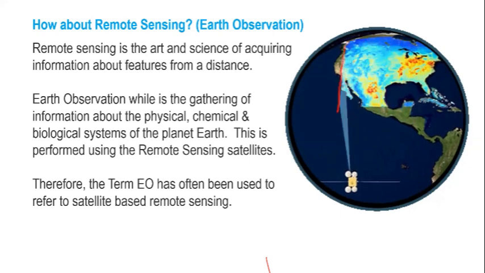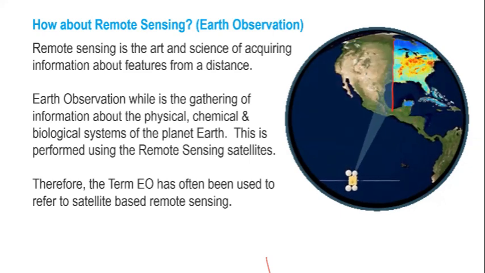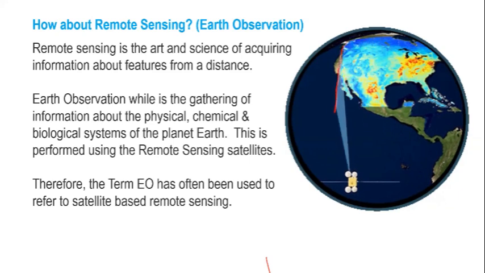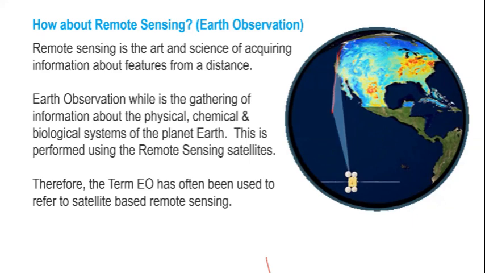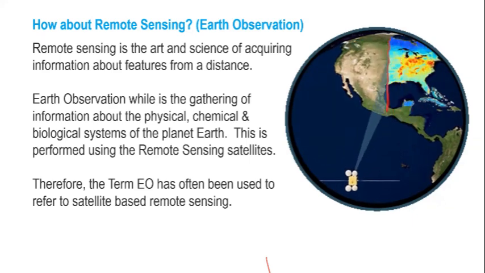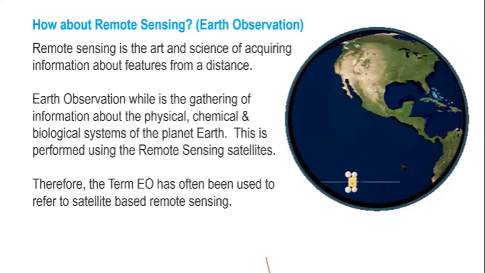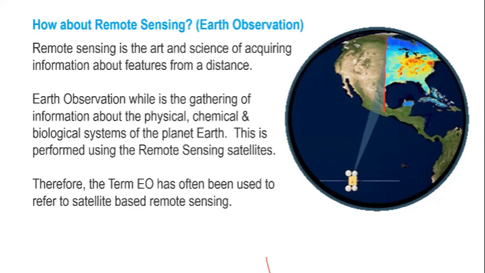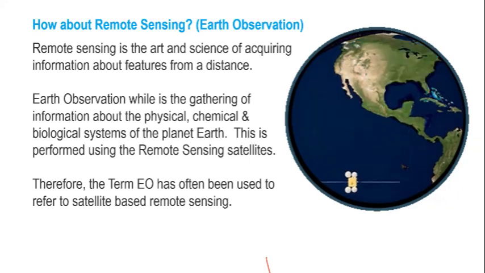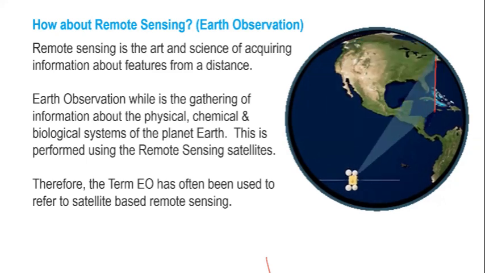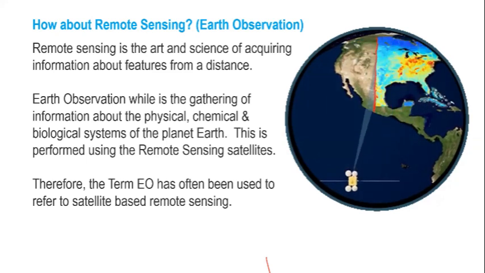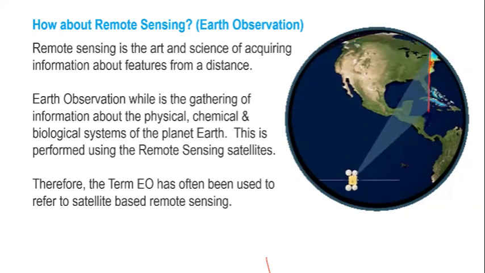However, there is also the concept of Earth observation. So what is the difference between Earth observation and remote sensing? Of course, Earth observation is more detailed. It's more of collecting information about the physical, chemical, and biological systems of the planet Earth. That's why it's called Earth observation. But actually, it is performed using remote sensing tools.